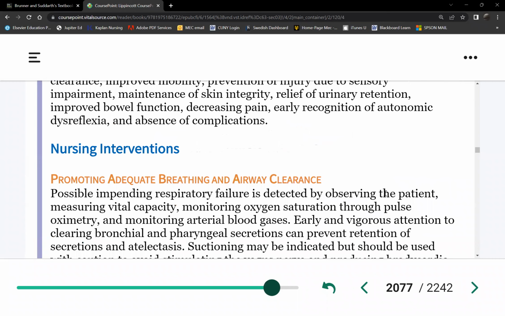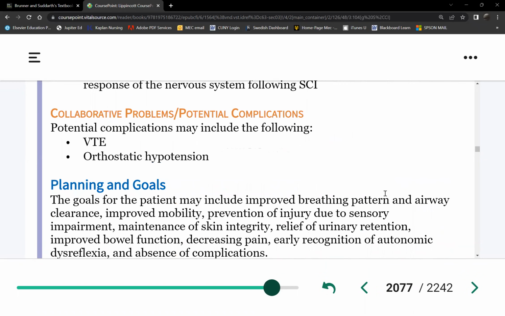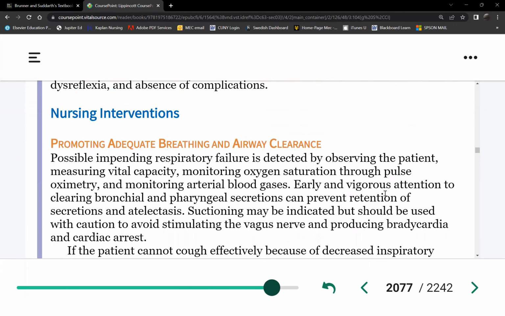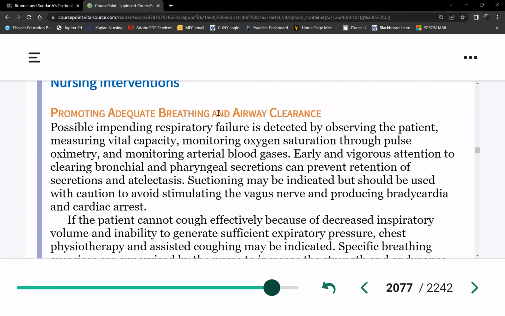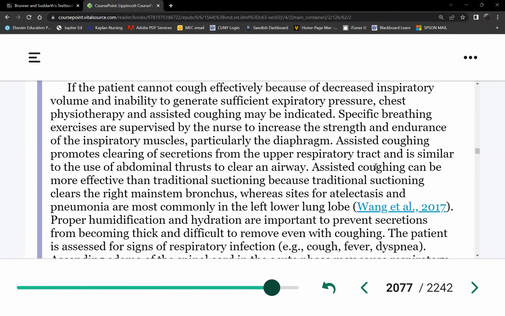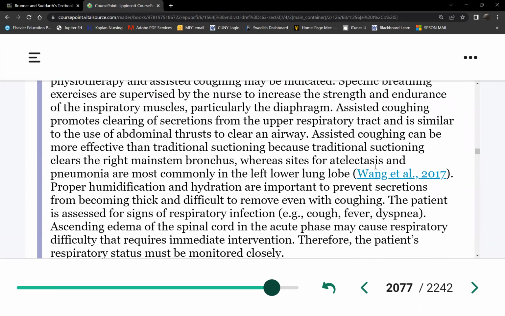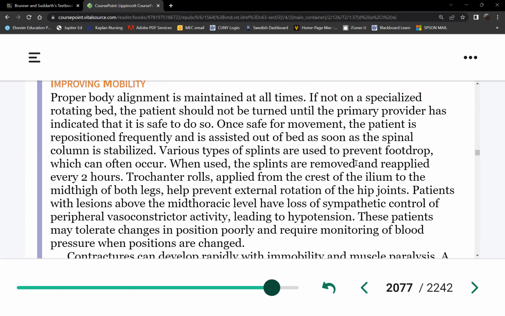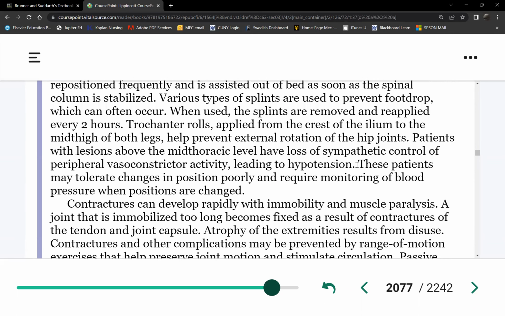For nursing care, please read the details on how to promote bowel and bladder emptying. This one's practical. Okay, airway and breathing. There's nothing new here. You already know what to do: suction, oxygen, breathing techniques. With mobility, this would be active as far as they are able, mostly passive range of motion.